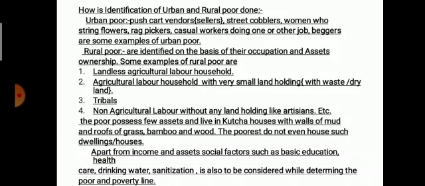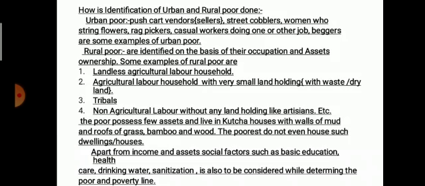Then, the poor possess few assets. Possess means he has few assets and lives in kacha houses. Kacha means it is not built with cement and bricks; the walls are made of mud and the roof is of grass, bamboo and wood.